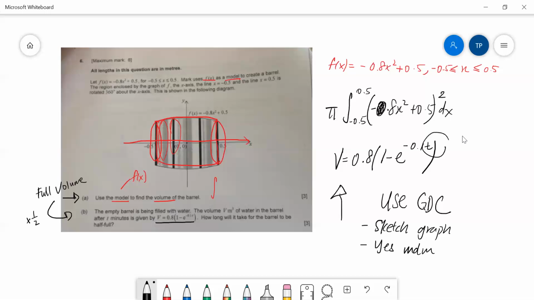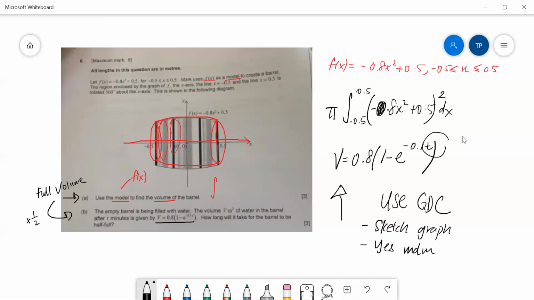How do you square the... Oh, I have to put another bracket in. I got like 0.6, the volume.